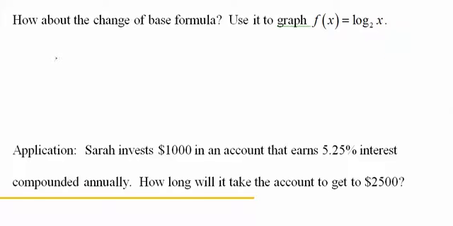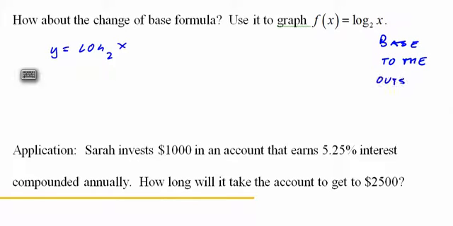I just say, when in doubt, do that BOI thing and see what happens. BOI is base to the outside equals the inside. I had a student teach me that.